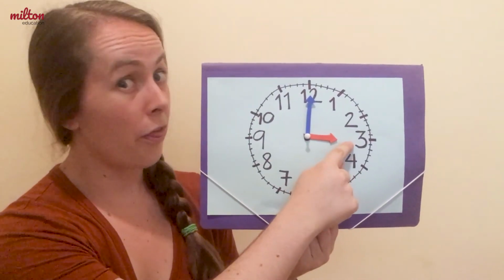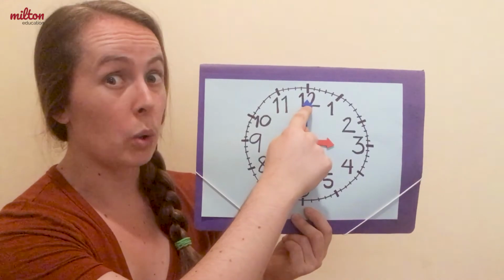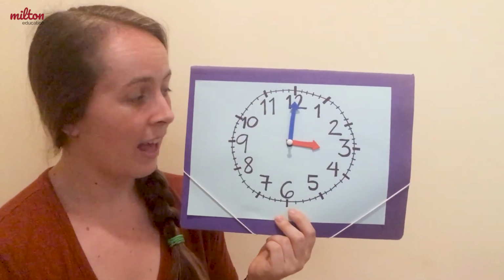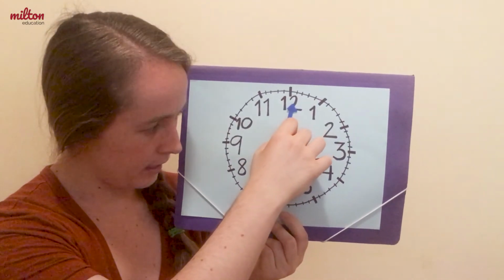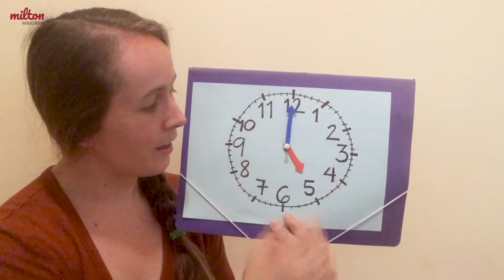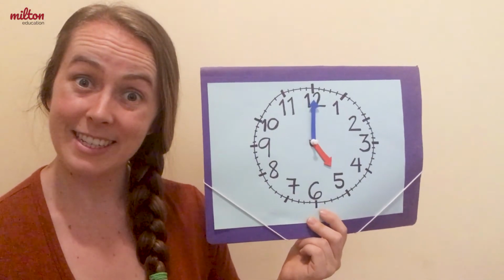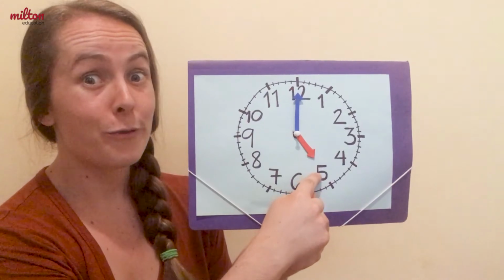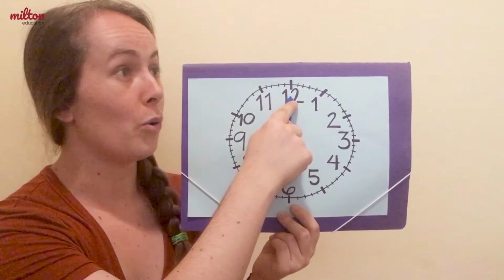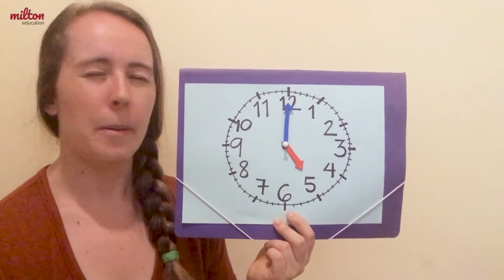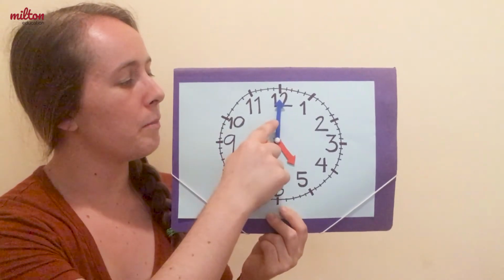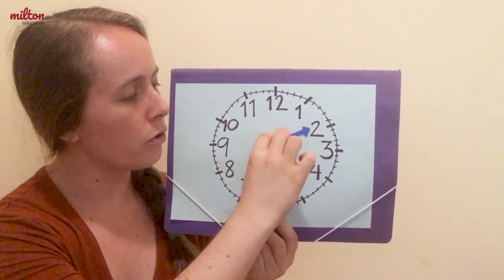It is 3 o'clock. And if we move the hour hand to here, what time is it? It is 5 o'clock. But what if this minute hand moves here?